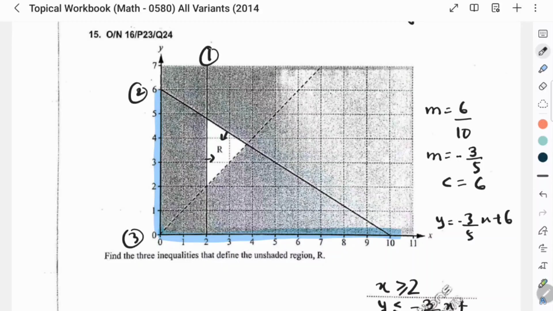The next line is a dotted line, and the region is above the line, so we will write y is greater than whatever. Let's see what is the gradient.